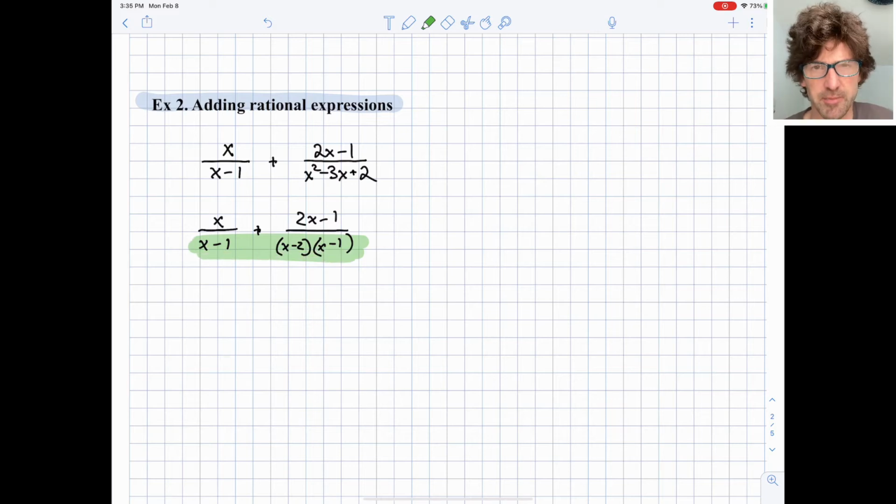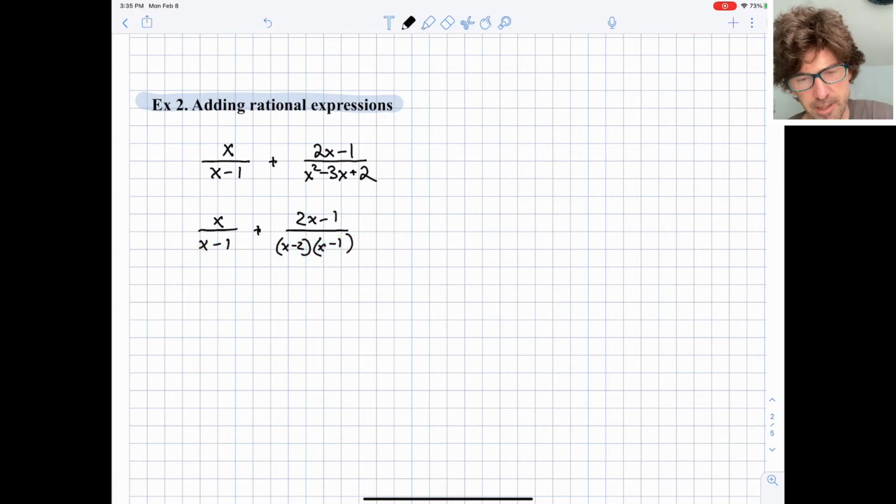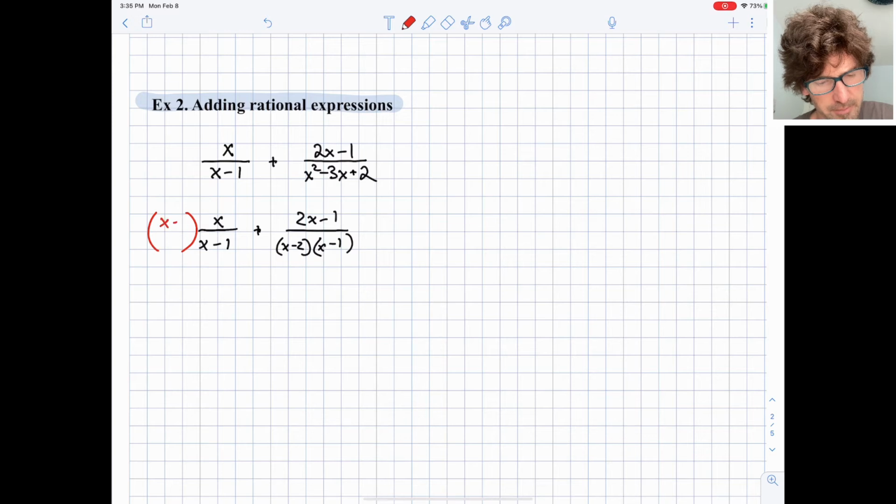In other words, build a common denominator from those two expressions. And I hope you can see that if we multiply the top and bottom of my first fraction by x minus 2 over x minus 2, now that denominator is the same as that denominator, and we'll be able to add the fractions together.